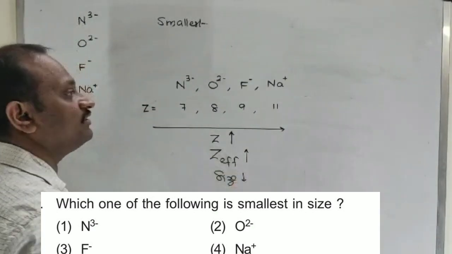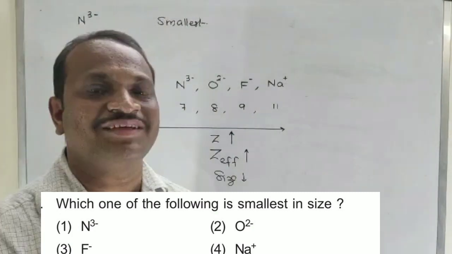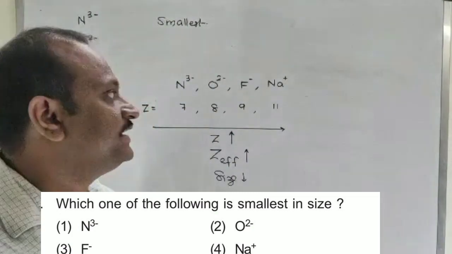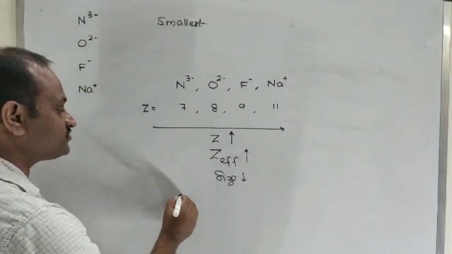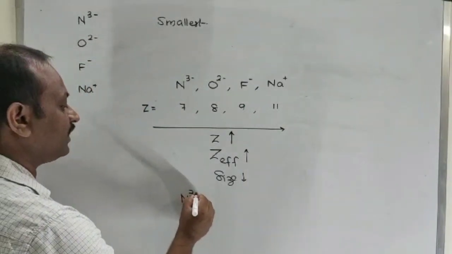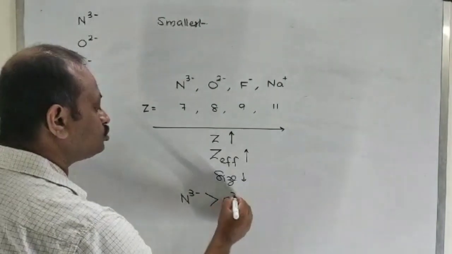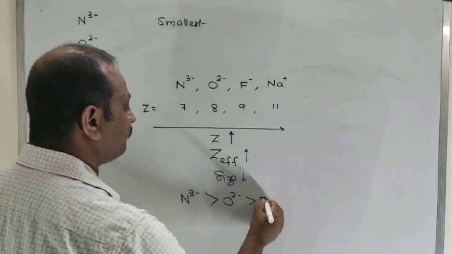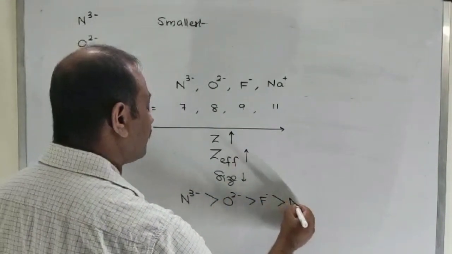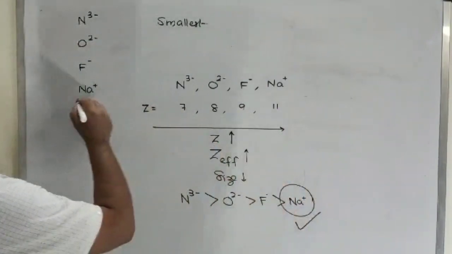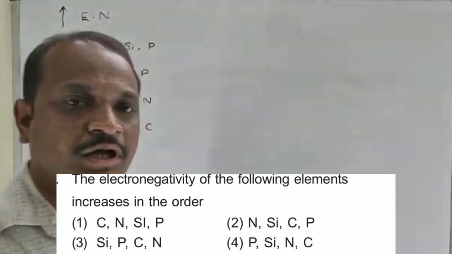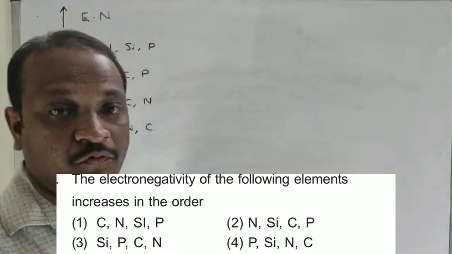If the size decreases, who has the smallest size? Definitely sodium has the smallest size. So what is the correct order of size here? N3 minus greater than O2 minus greater than F minus greater than Na plus. So who has the smallest size? It's Na plus.